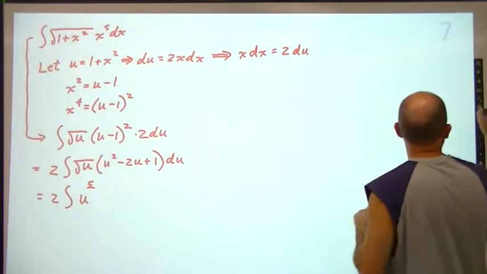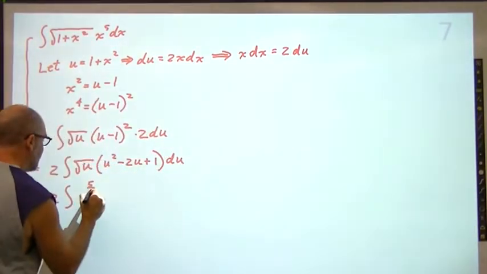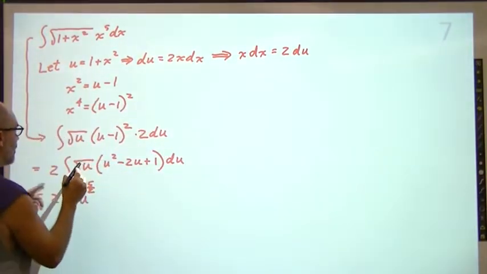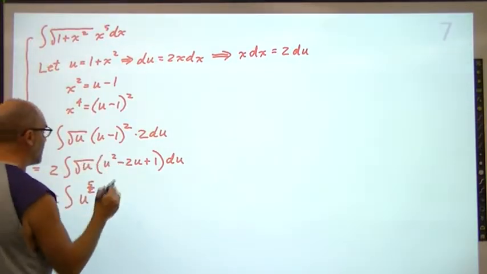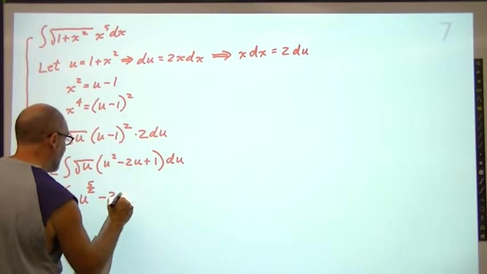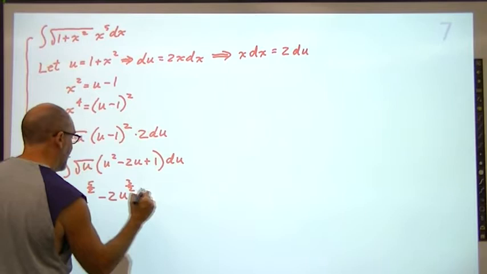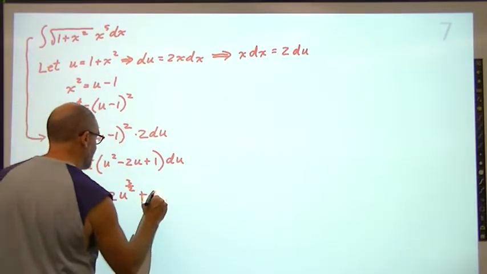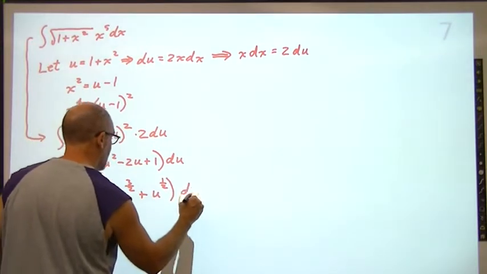Okay, back to the range. U to the 5/2. Now, square root of u times u, that's going to be 1/2 plus 1, which is 3/2. And then the square root of u times 1 is just u to the 1/2 du.